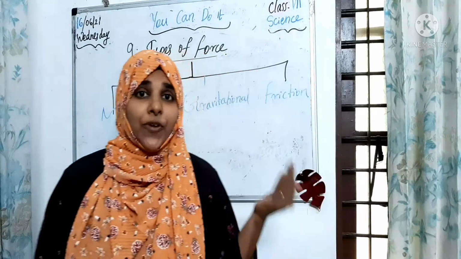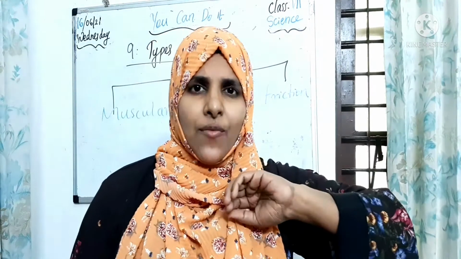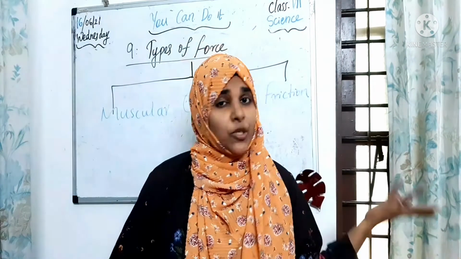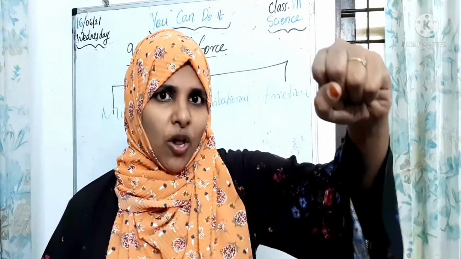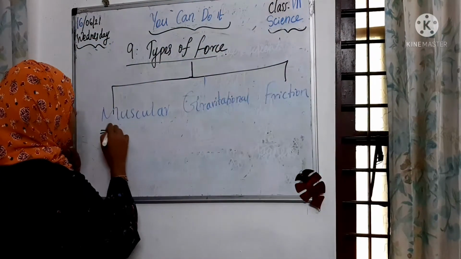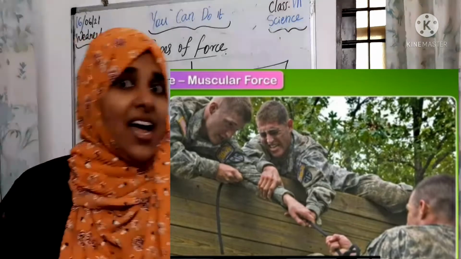So students, from this we can understand that muscular force means I am producing force to kick that ball. It is a force produced by our muscles to kick the ball or carry out our task. That we call a muscular force. Here we are using our muscles to carry out the task.